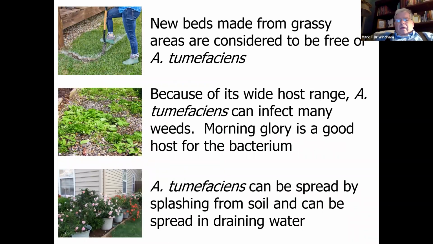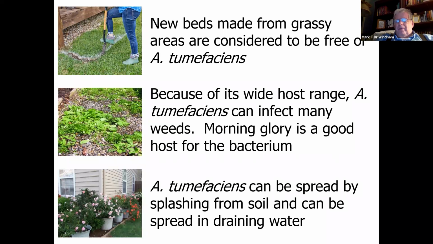Now, grass is absolutely a non-host for Agrobacterium tumefaciens. So new beds that are made from areas that have been in grass are considered to be free of Agrobacterium tumefaciens, and we want to keep them that way for as long as possible. One of the issues is if you have a bed where Agrobacterium has been a problem in the past, you have to understand that since there are over 600 host plants, many of those are weeds.